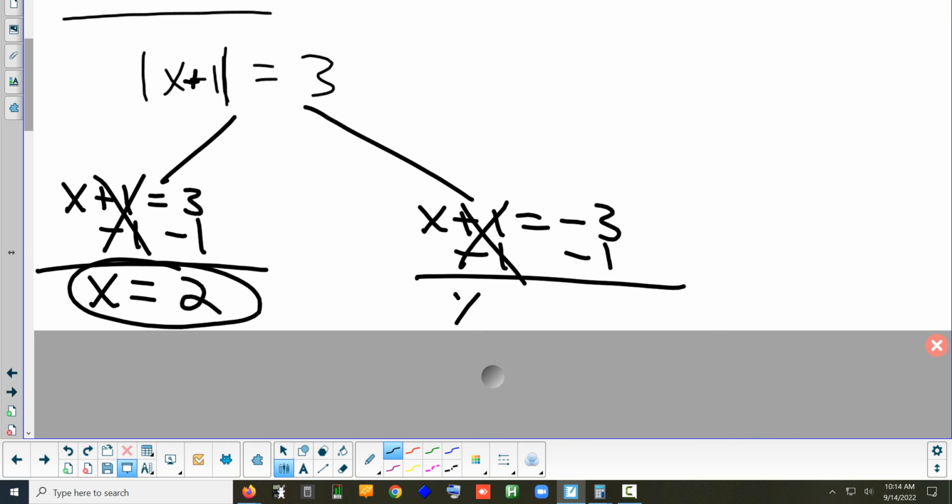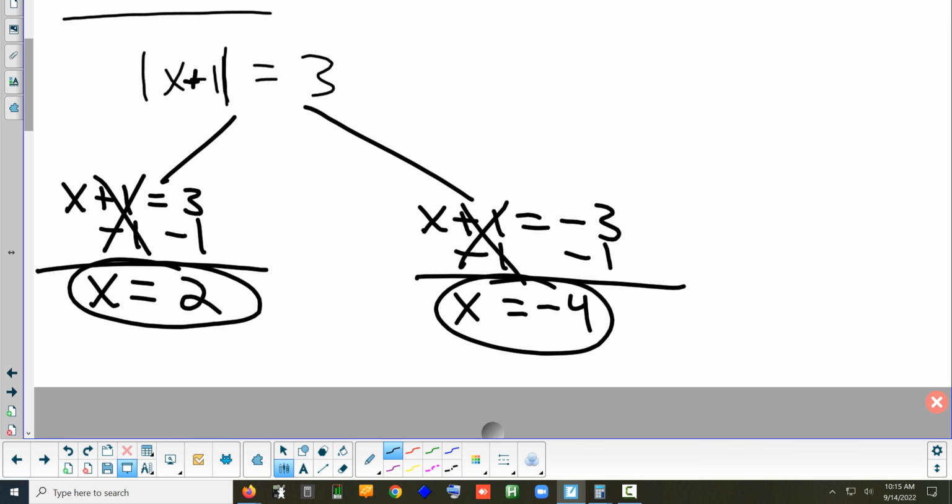And Abby, I get x equals negative 3 minus 1. Think about if you're at negative 3 and you take 1 away from it, you're going to move 1 more unit to the left on a number line. Negative 4. Yep. So x is negative 4.